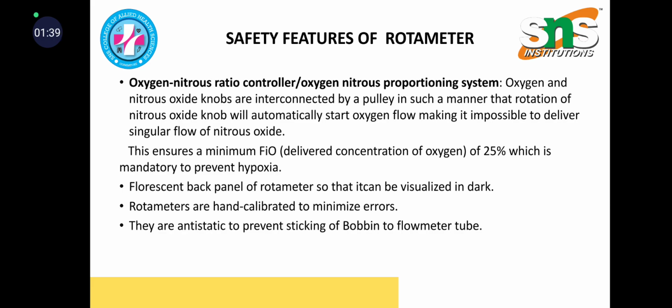This ensures a minimum FiO2, delivered concentration of oxygen, of 25%, which is mandatory to prevent hypoxia. There is a fluorescent back panel on the rotameter so that it can be visualized in the dark. Rotameters are hand calibrated to minimize errors. They are anti-static to prevent sticking of the bobbin to the flow meter tubes.